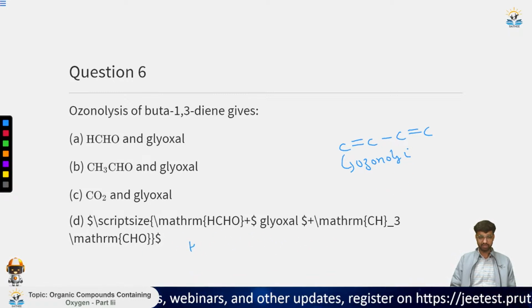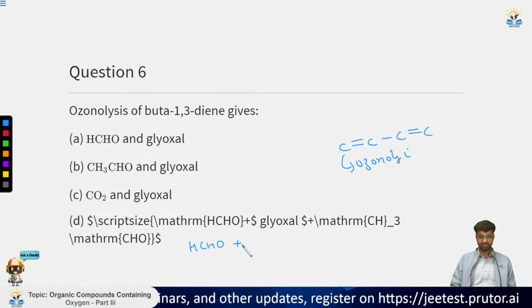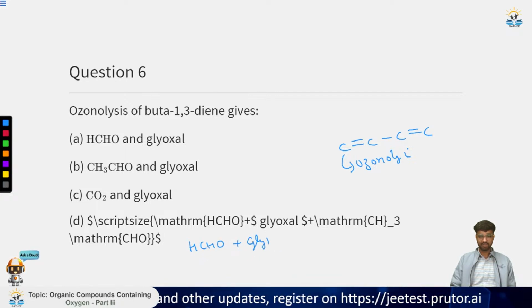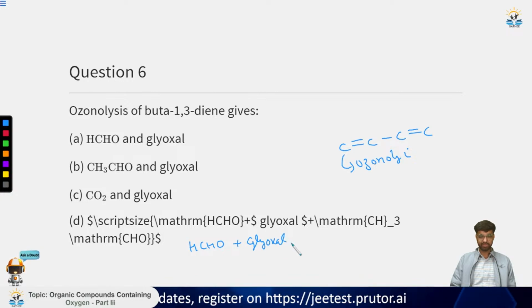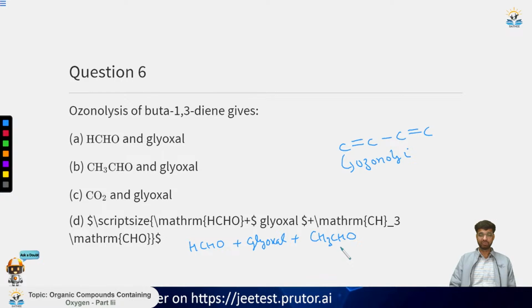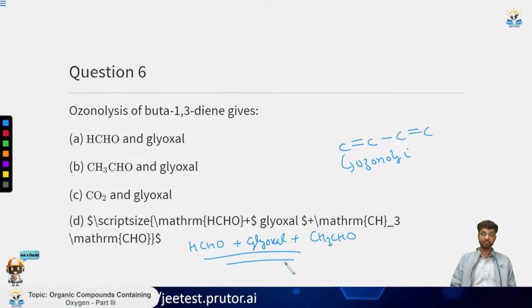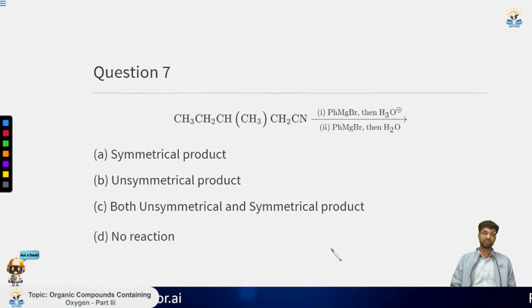The option is not encoded properly, so it is written HCHO plus glyoxal plus CH3CHO.